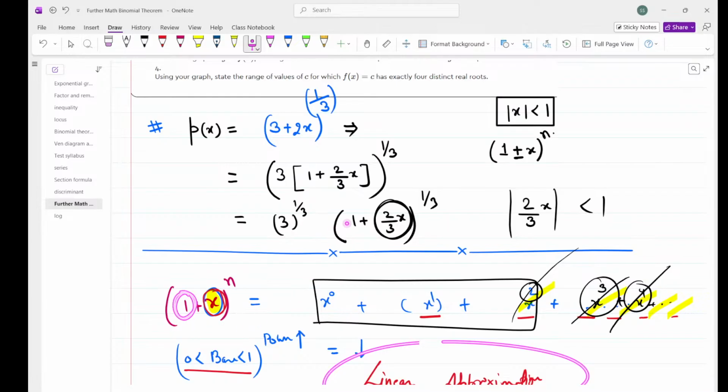If you make the first term 1, the expansion is very, very simple. Why? The first term is 1, so any power of 1 will be 1. And the second thing is, if you are expanding this 3 and then 2x, obviously if your x is less than 1 here also, then twice of x will also be less than 1.